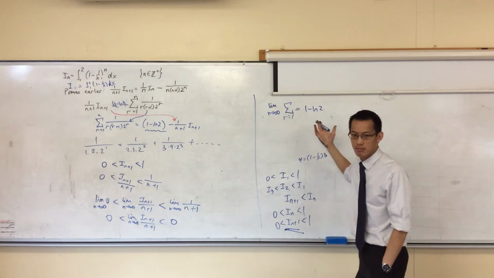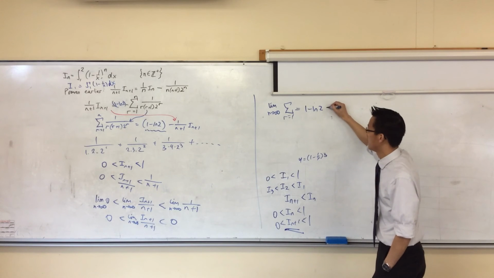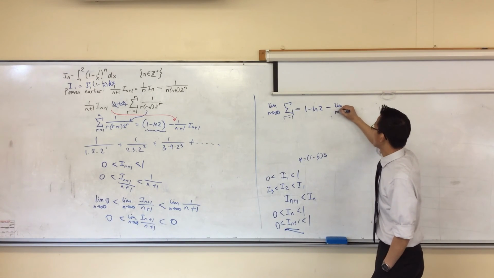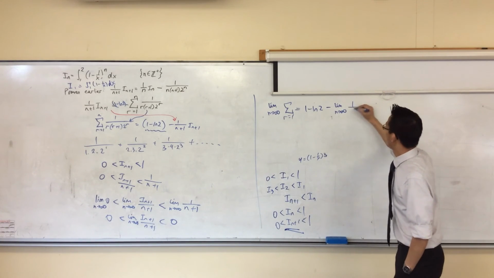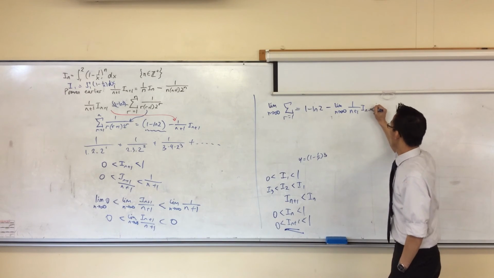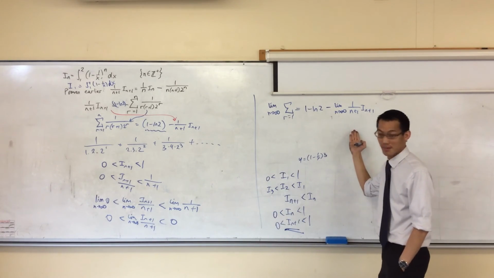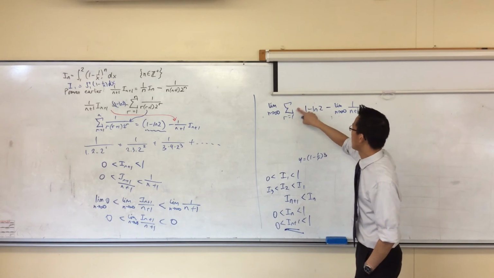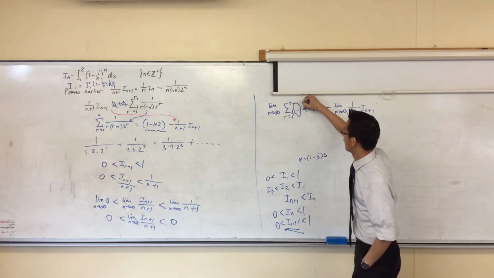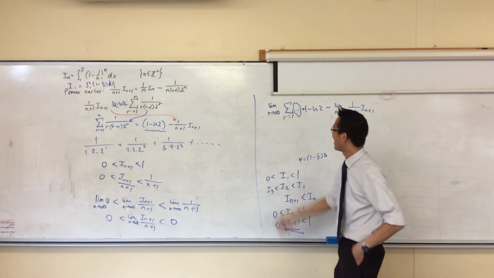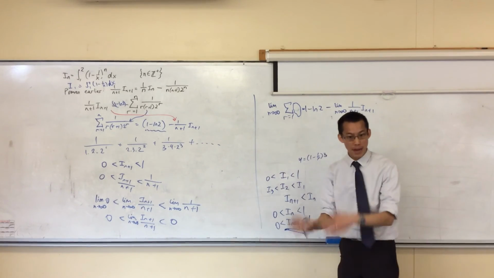That doesn't change. It's independent from n. Minus the limit as n approaches infinity of this guy, which I have just gone to all the effort with my inequality to show is 0. Oops, sorry, I meant to say all of this stuff in here, all of that. Now I'm going to evaluate it.